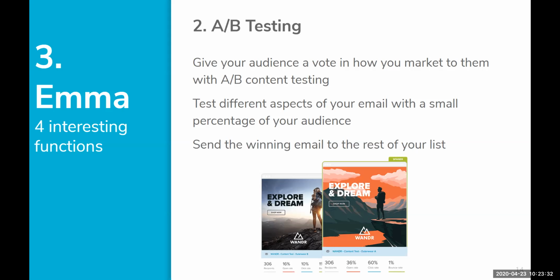Maybe you use some emojis on your subject line, and then the other one you don't use emojis. So which one did your audience actually interact with? So A/B testing is pretty cool. And before committing to sending out one newsletter to your whole audience, it will test out what email is the winner, and then it will send the winning one to the rest of your list. So it's a great way to perhaps get even more open rates and click rates.